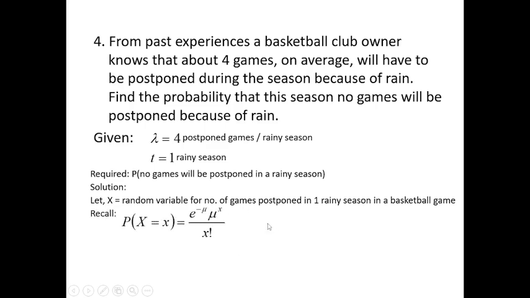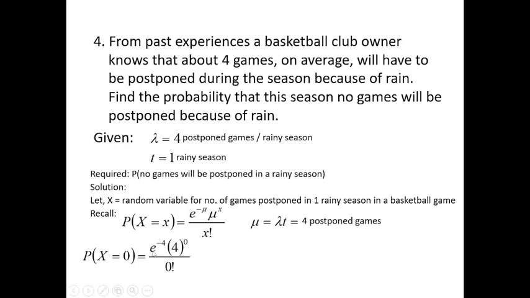So we recall the formula, mu equals lambda t, and that is for postponed games. And this is now the solution. The probability that X equals 0, because no games will be postponed in one rainy season.